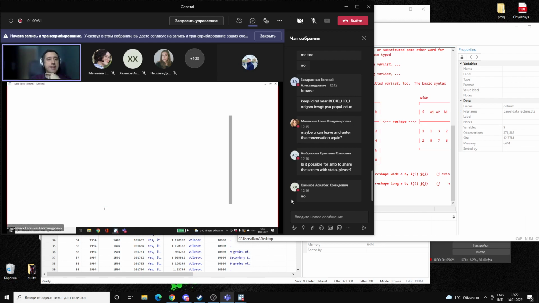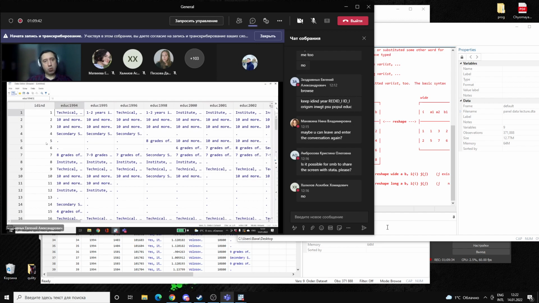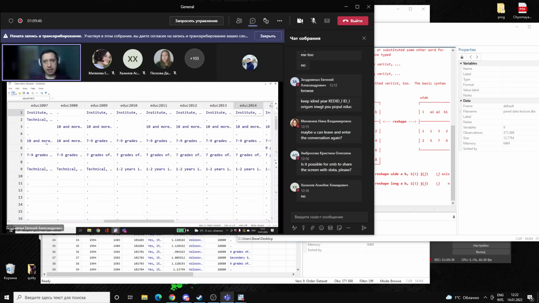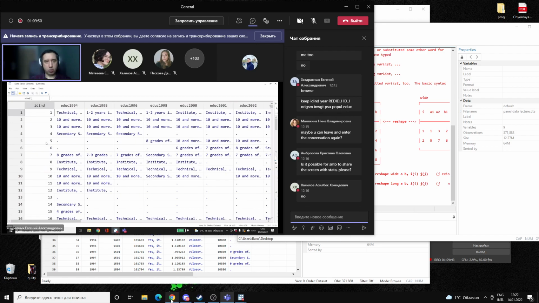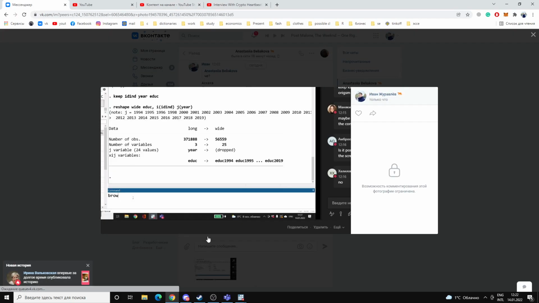Look, I have the same ID_IND variable. I have the same almost 60,000 persons, but now I observe the education of each person many times, and one column is for one year.